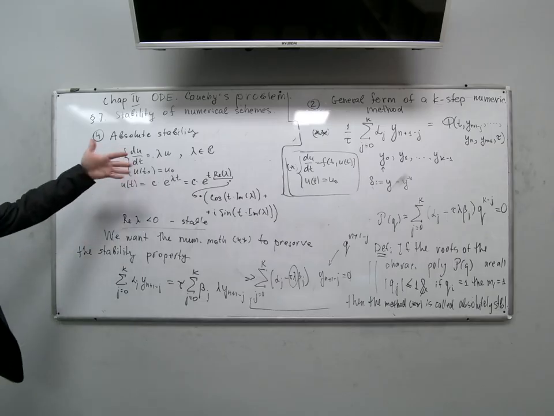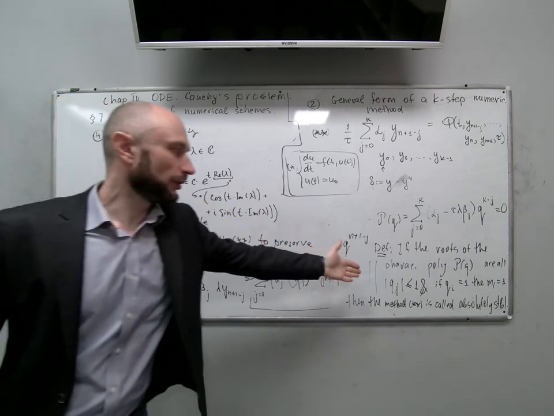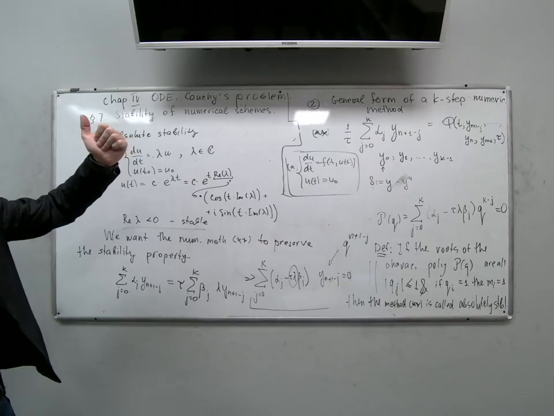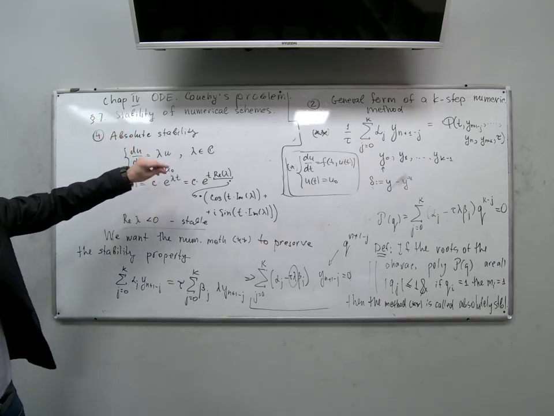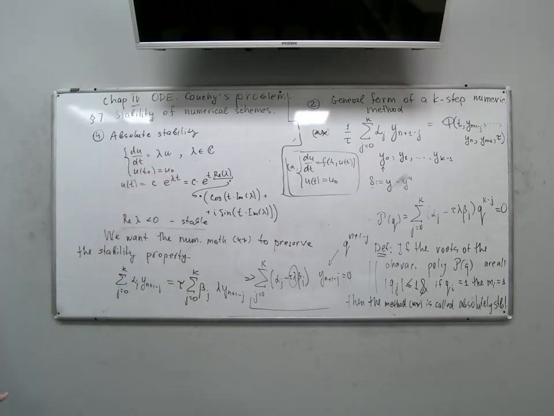So it's a very important model equation. And if we prove or check that our method is absolutely stable, then we make sure that our scheme does not spoil the solution for this particular problem.